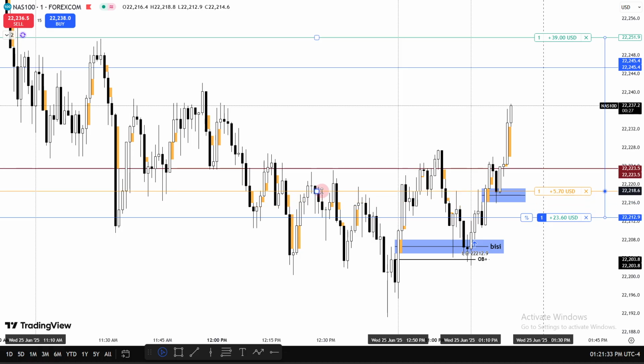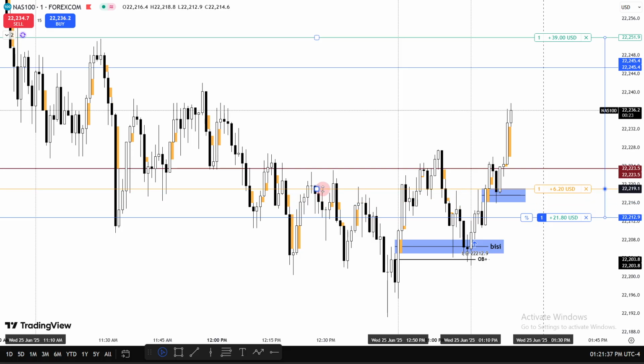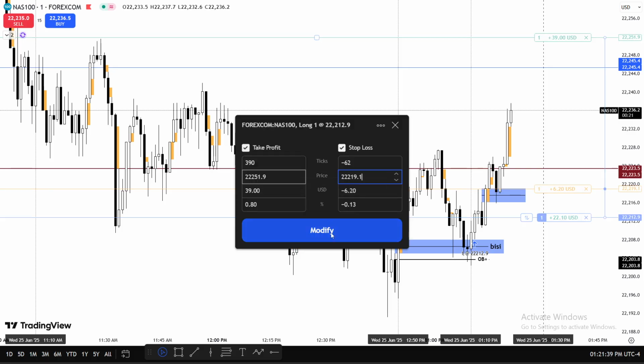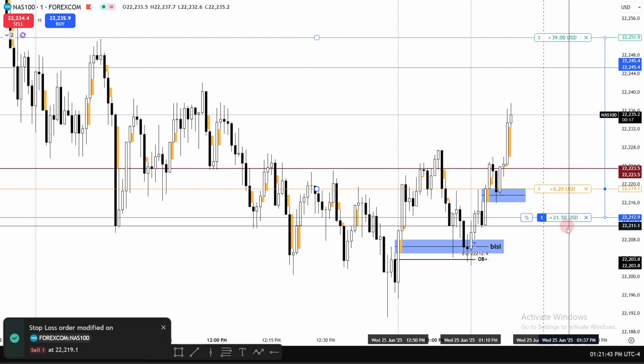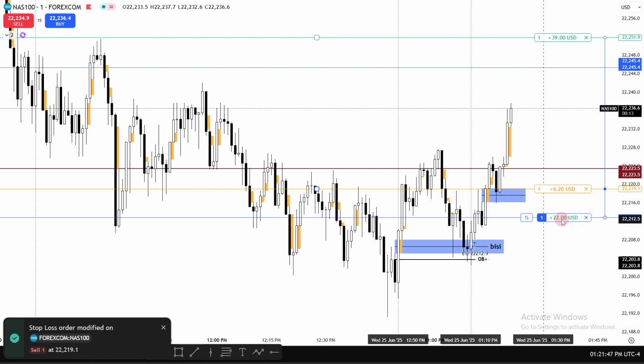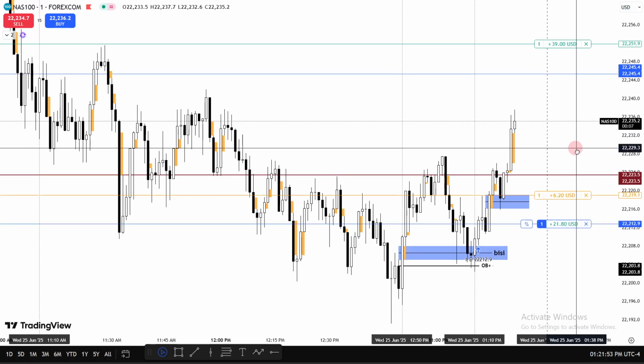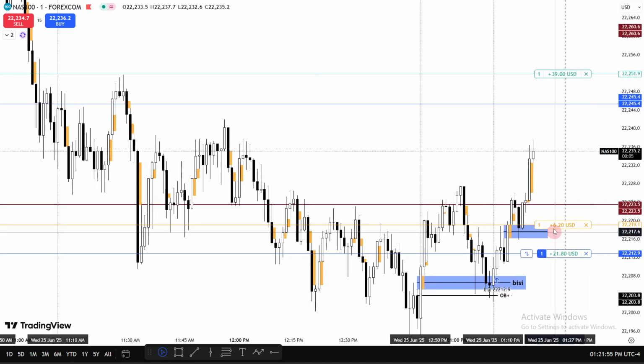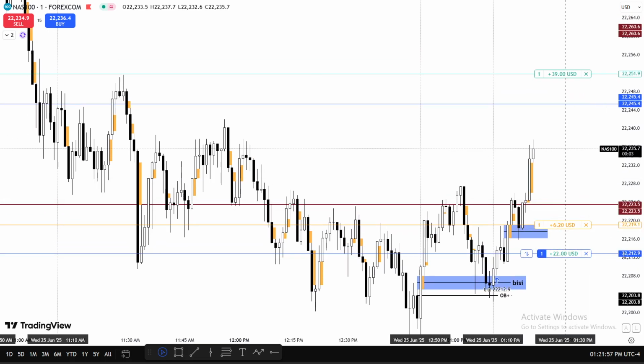That looks good, so I'm just moving my stop loss higher. I have removed the risk completely, and now I'm increasing my profit just by moving this stop loss higher.